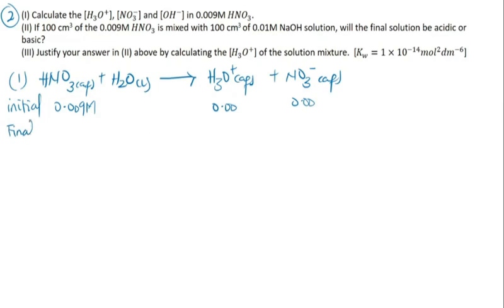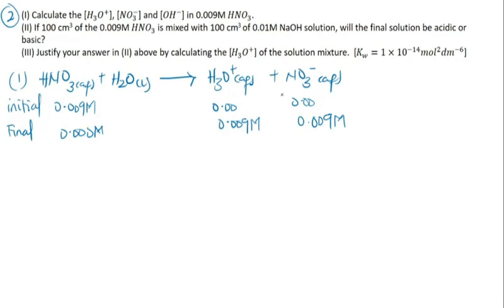Now, after the reaction has occurred, all the acid will be used to produce the hydronium ion in solution. So we are going to have 0.000 molar of the acid left, and then 0.009 molar of H3O+ produced, and the same concentration, 0.009 molar, of the NO3 minus ion produced in solution.